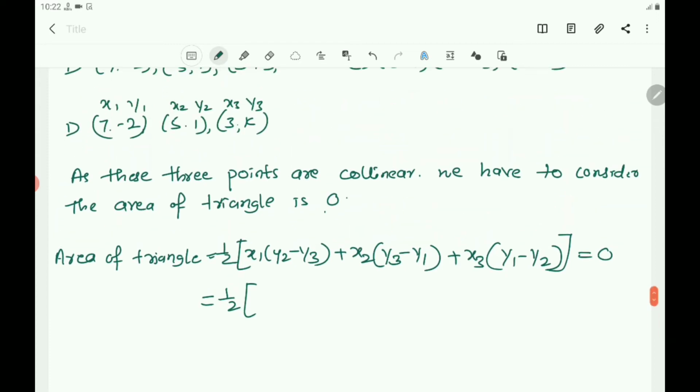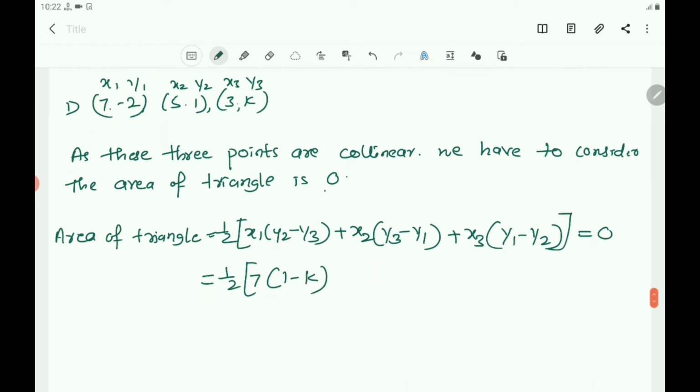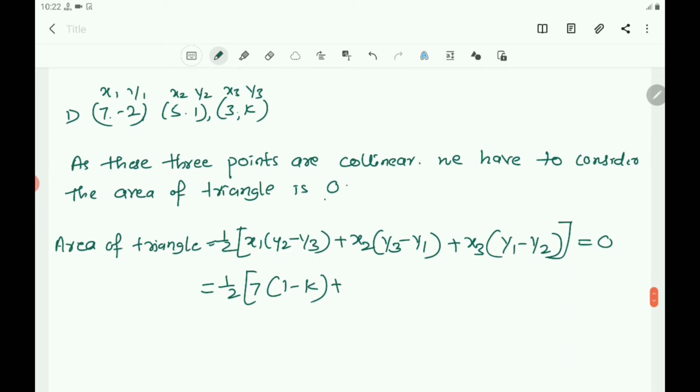Then you take x1 is 7 here, and y2 is 1 minus y3 is k. So it is 1 minus k. Then plus x2. x2 is 5 and y3 is k minus y1 is minus 2.